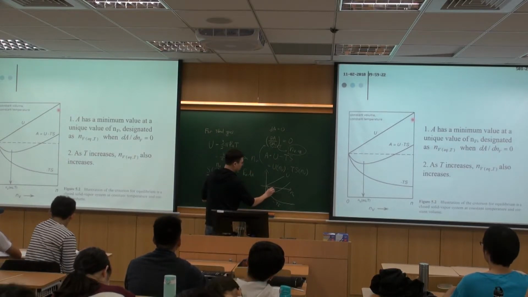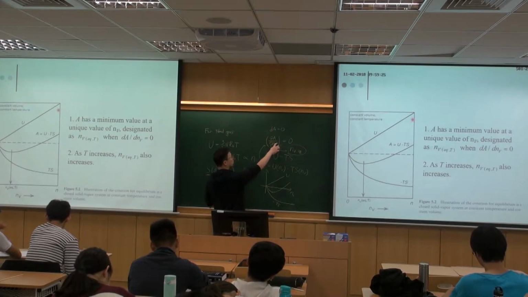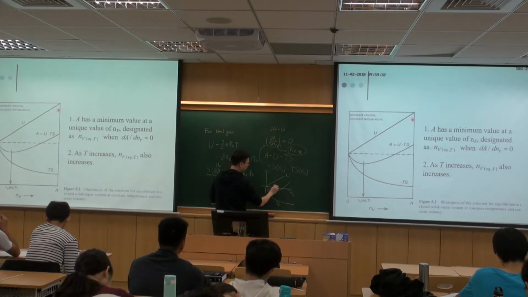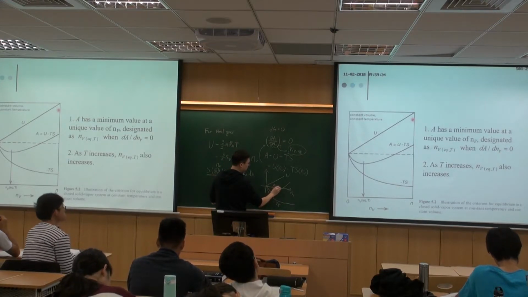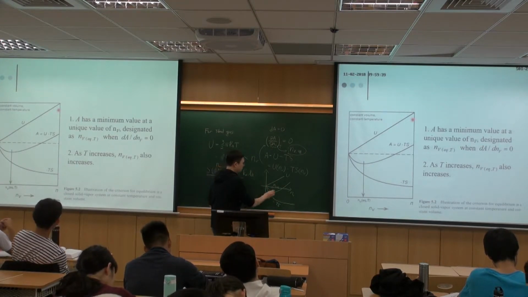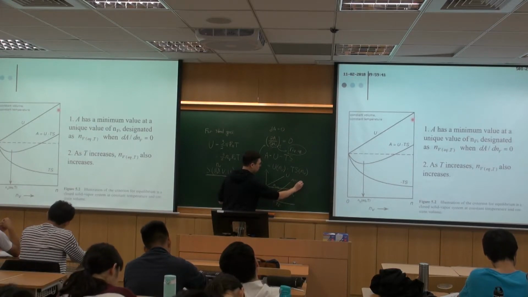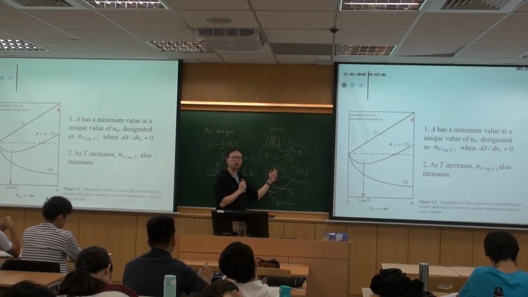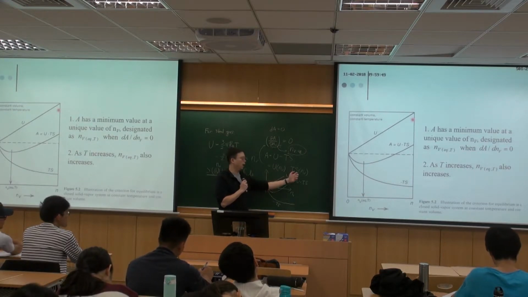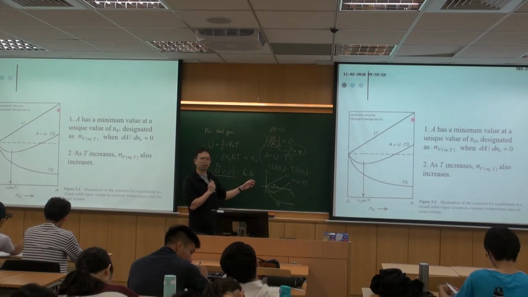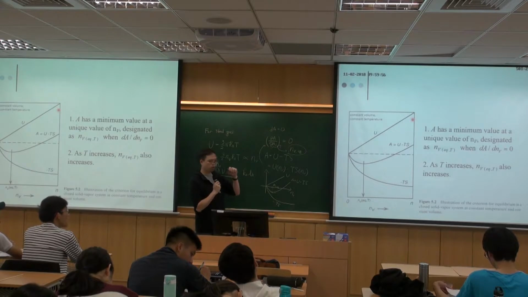So we want to know this point, and this corresponds to this relation because here the slope is 0. This is A. But we need to know the exact expression of U and S as a function of particle number in order to calculate this analytically. Okay?